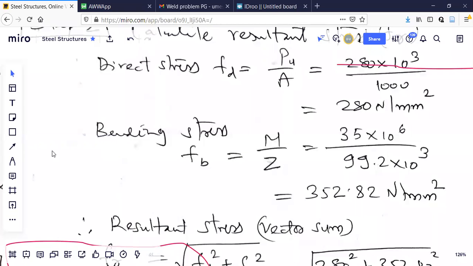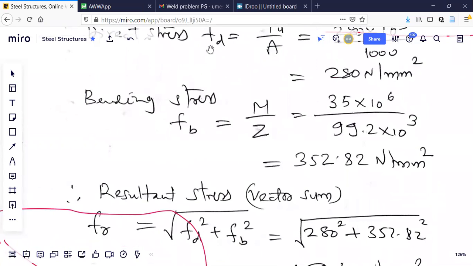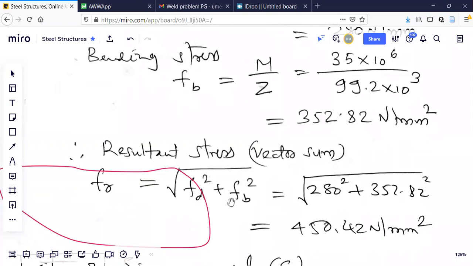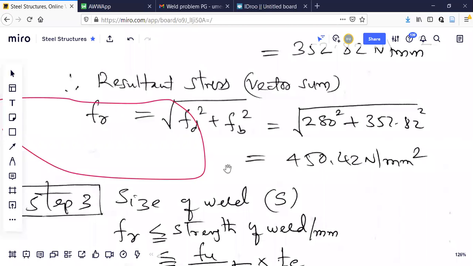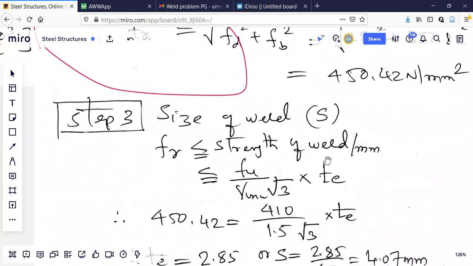So here, after finding the direct and bending stress, vectorially add them. Finally FR is 450. The size of the weld is decided based on this. That is, the resultant stress should be less than the strength that the weld can give.